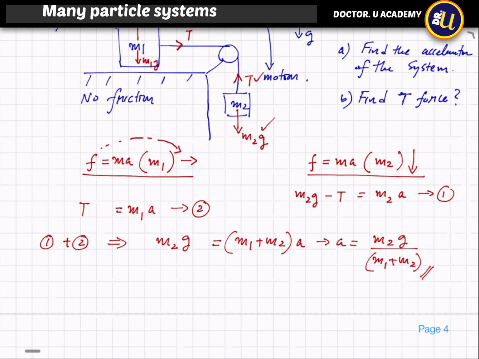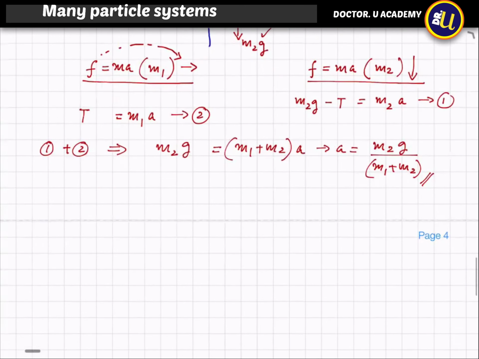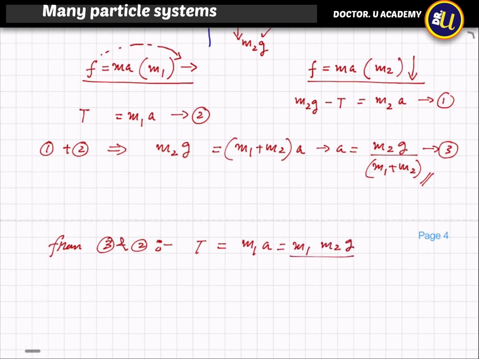Now if you want to find tension, suppose this is equation number 3. So from 3 and 2, you can find T, which is m1a. So a would be m2g divided by m1 plus m2.